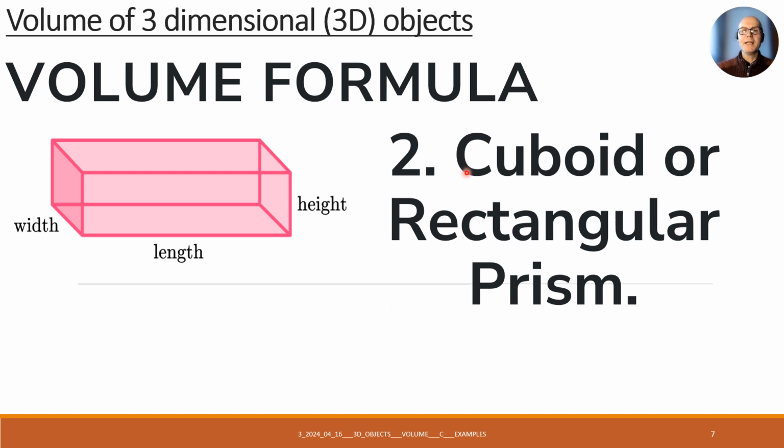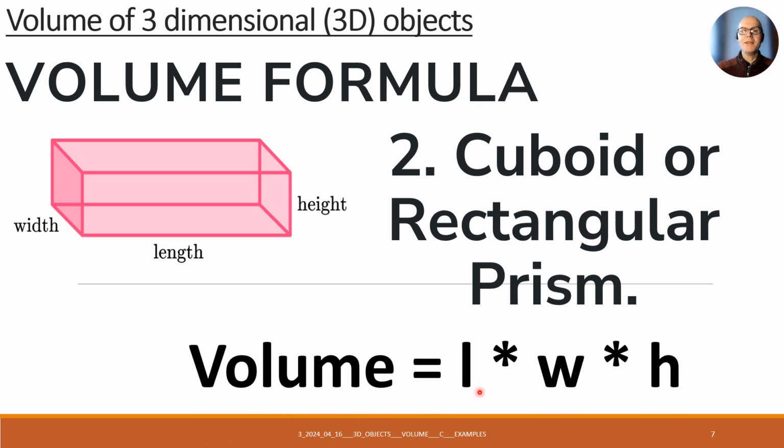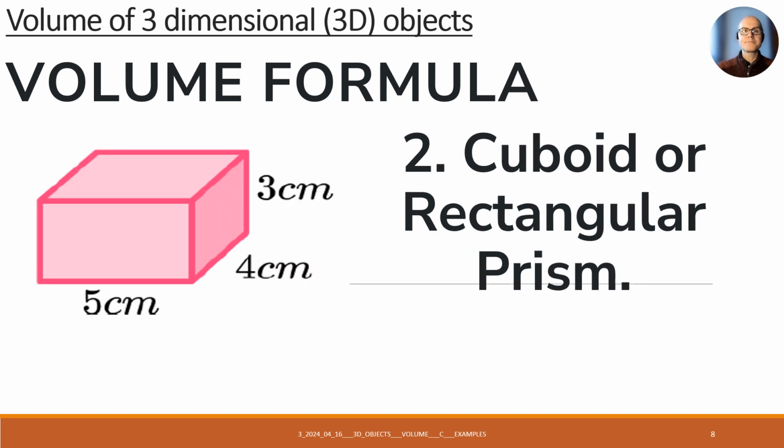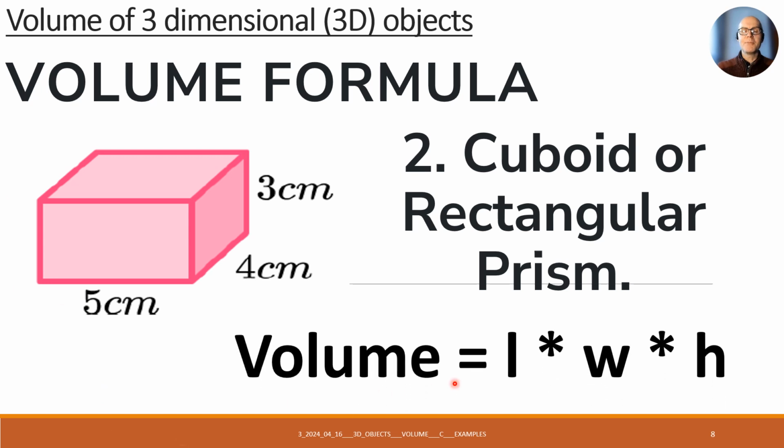Next example we're going to look at is a cuboid, or a rectangular prism. Volume formula is length times width times height. Here's a worked example. Here's a reminder of the formula.